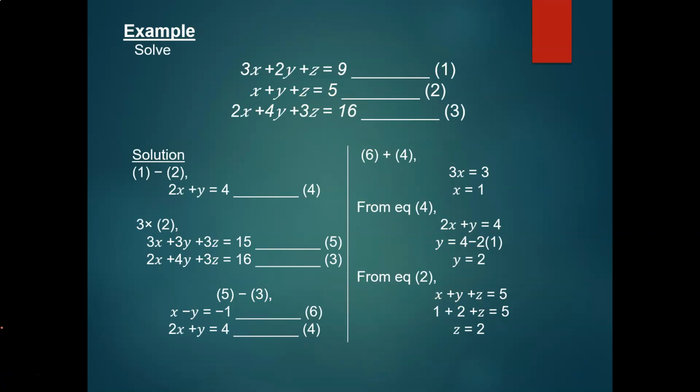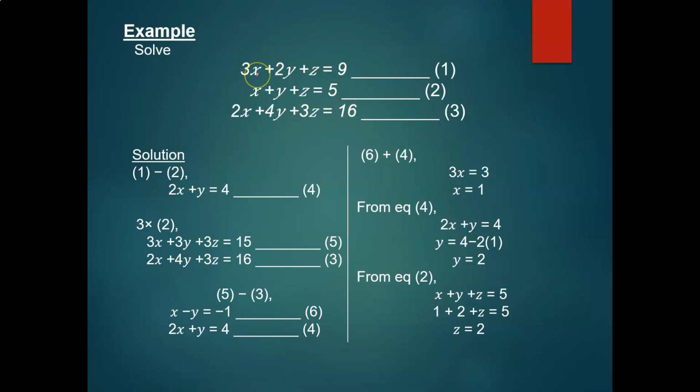Okay, now let's see the example on how to solve 3 unknowns. 3 unknown lah yang kita tidak ketahui, iaitu x, y, and z. Okay, first one, for now we have 3 equations.